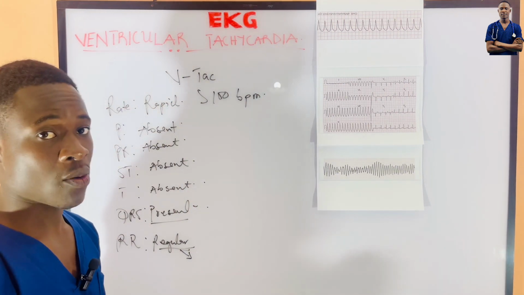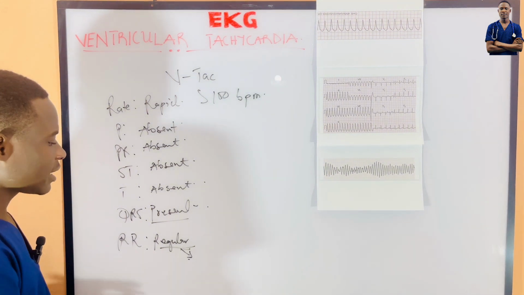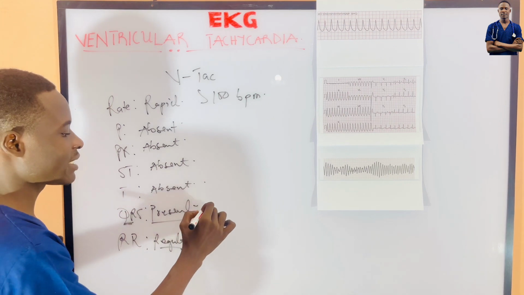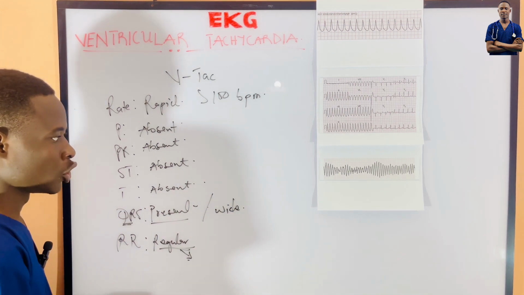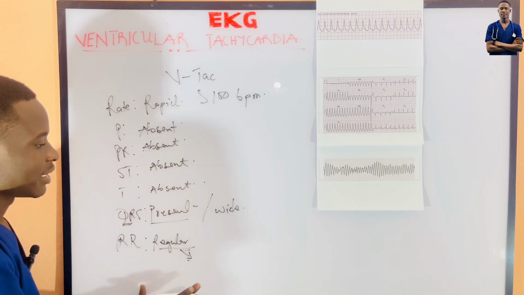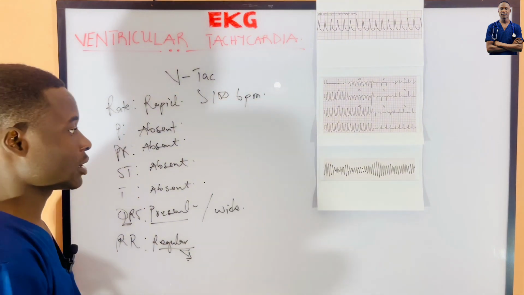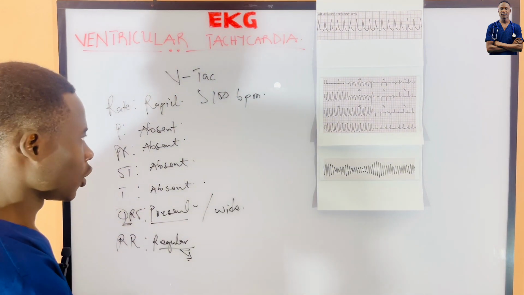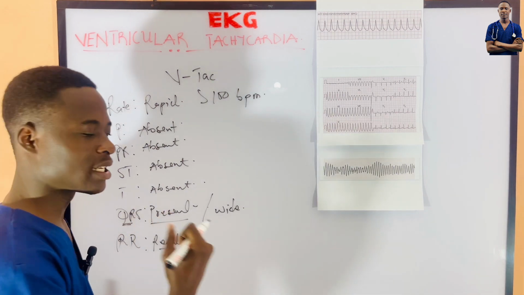We talk about that one in our next video. So this is basically how it is. The QRS complex is present and wide. So these are the hints that are going to give us an idea of identifying the ventricular tachycardia on the EKG graph. So when you get the EKG graph, you won't see the P wave, PR interval, ST segment, and the T wave.